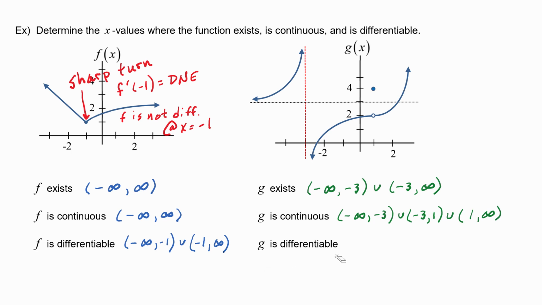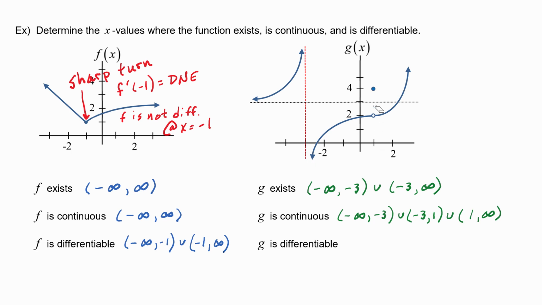To determine where g is differentiable, we have to look at the places in the graph where there are jumps, breaks, sharp turns, holes, asymptotes, all those things where the derivative would not exist, causing g to be not differentiable there. So that happens here at x equals -3.